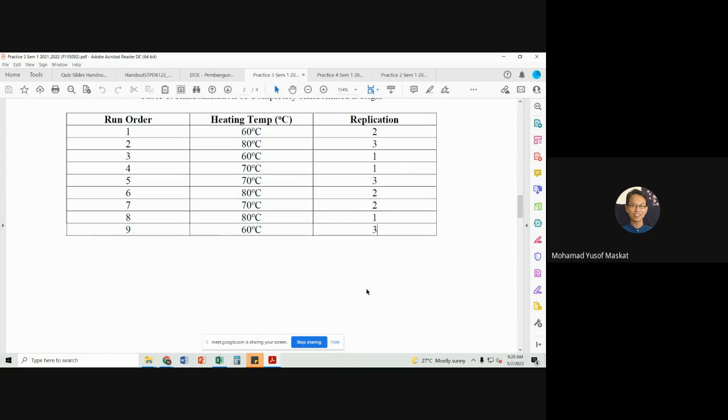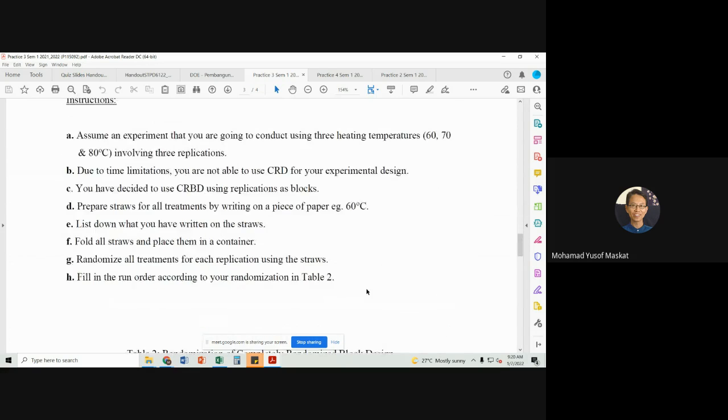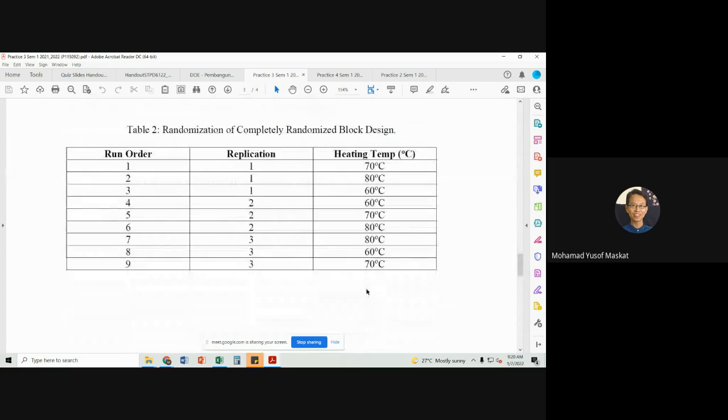That's why it is called a completely randomized design. But for a completely randomized block design, the complete randomization is only done within the block itself. So there is randomization here, randomization here, randomization within the block.